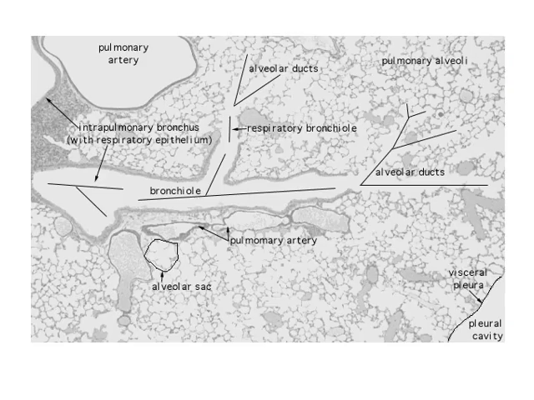Alright, so this is an electron micrograph. You see the bronchiole, then the bronchiole dividing into respiratory bronchioles, and then the respiratory bronchioles dividing into alveolar ducts, and finally ending in alveoli.